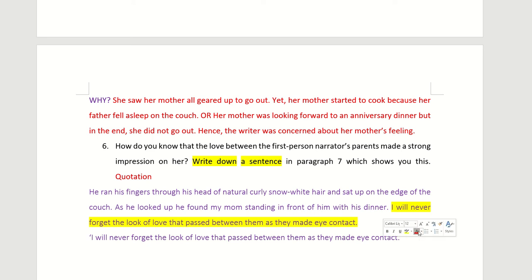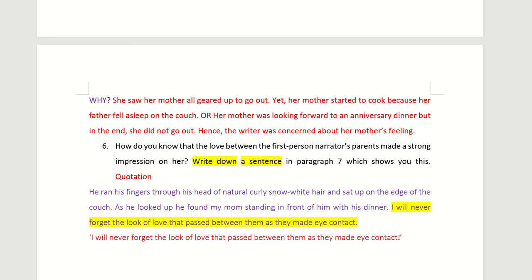So make sure that you use the quotation mark. If I sound naggy, it's because many students don't put the quotation mark. Okay, so find a sentence, use the quotation mark when you quote.